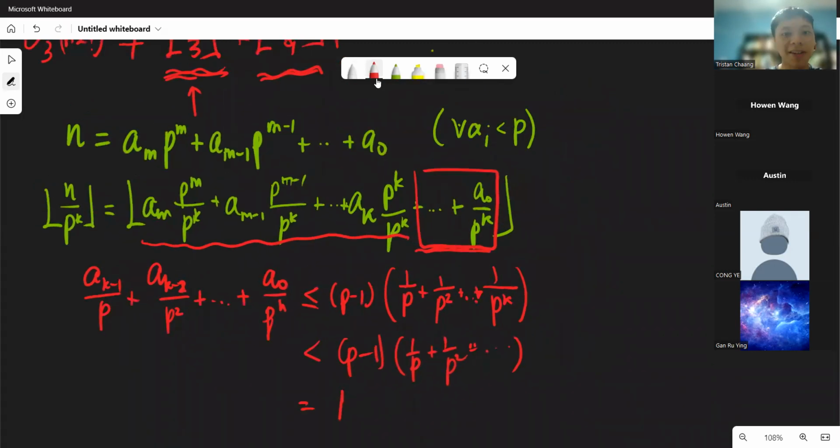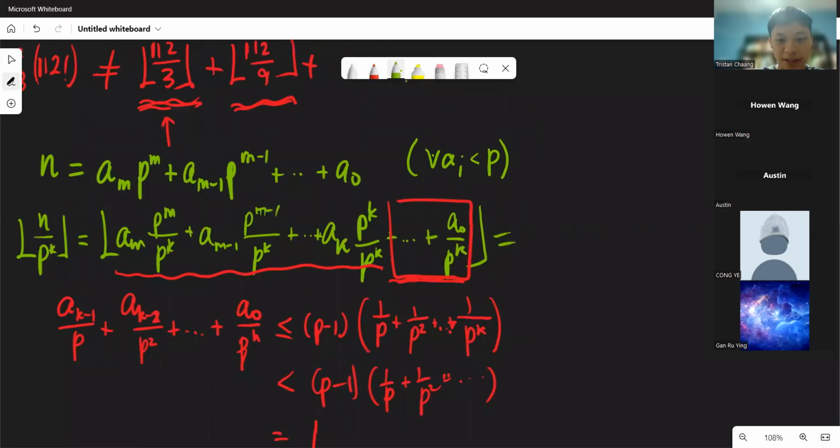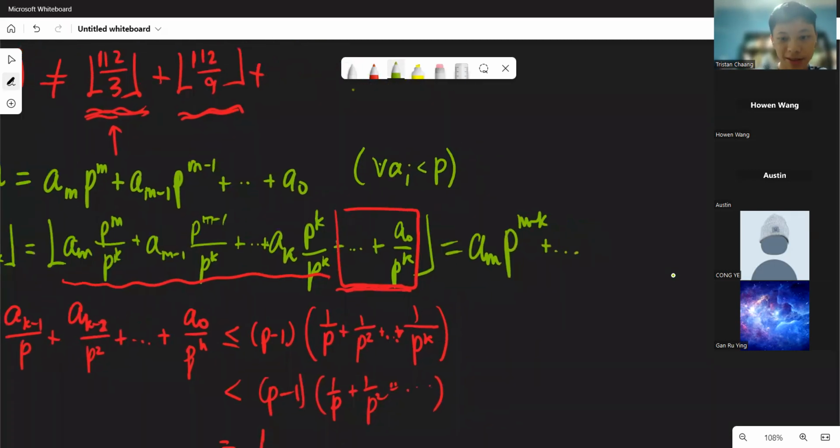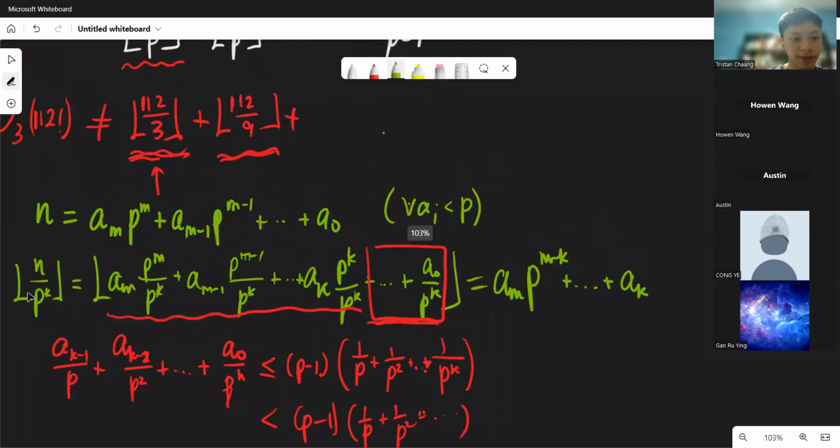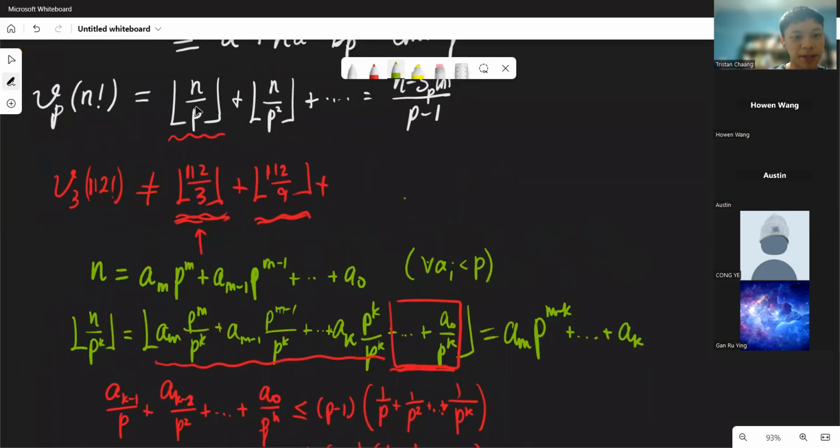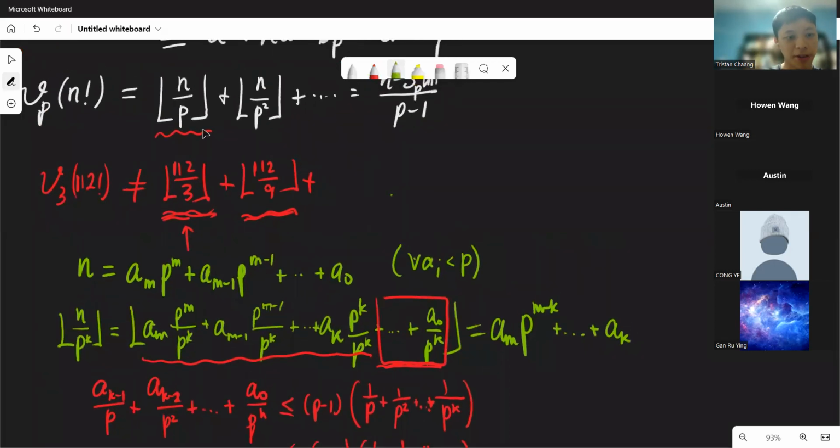This is just a_m p to the m minus k, and I hope you see the pattern here, so I'll not write all the terms, until a_k. So now we have this term. And what if we sum it up from k equals 1 to m, because that's what the formula says here, right?